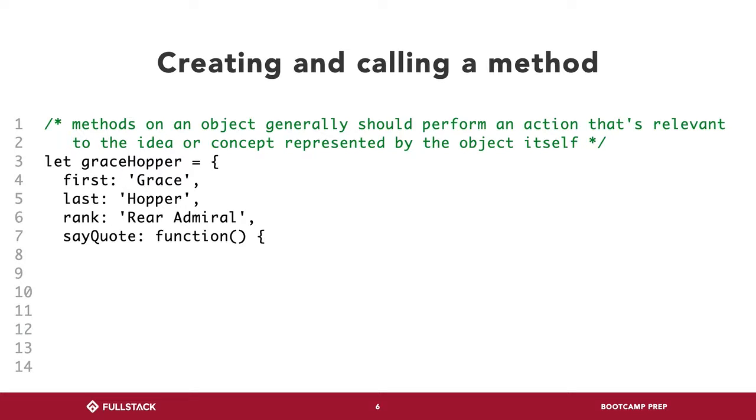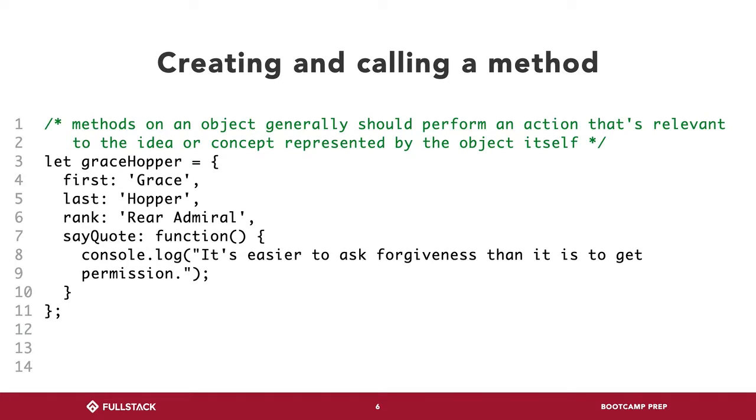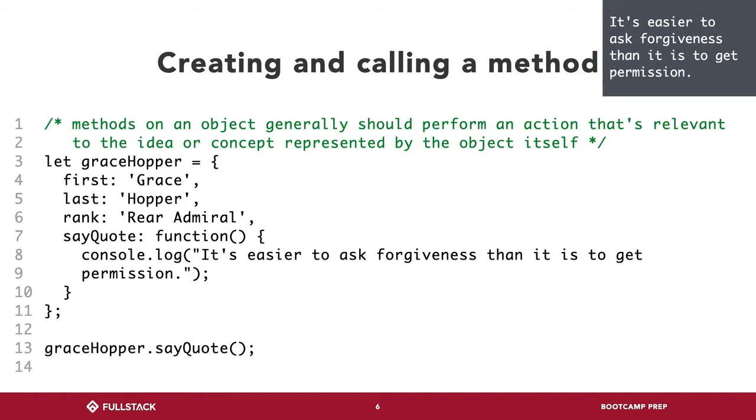So if this method says sayQuote, and it's a function that says it's easier to ask forgiveness than it is to get permission, it's going to do that. I guess this is a bad example, but what I'm saying is you don't want to write a method or function that has nothing to do with the other properties of that object. Just don't do that.